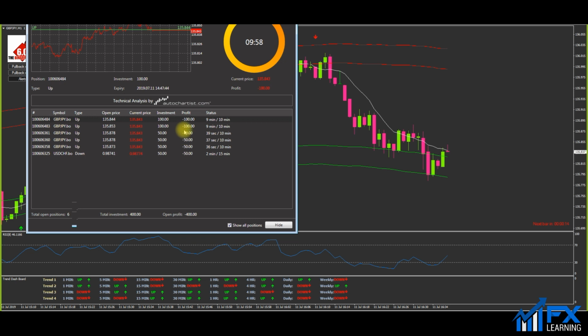Going into another one. Okay, final 2 trades of the day. These need to go into the money. Look at that, literally pips away from all these trades going into the money.